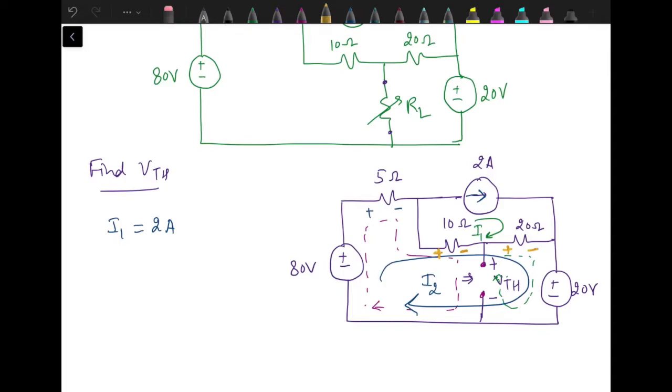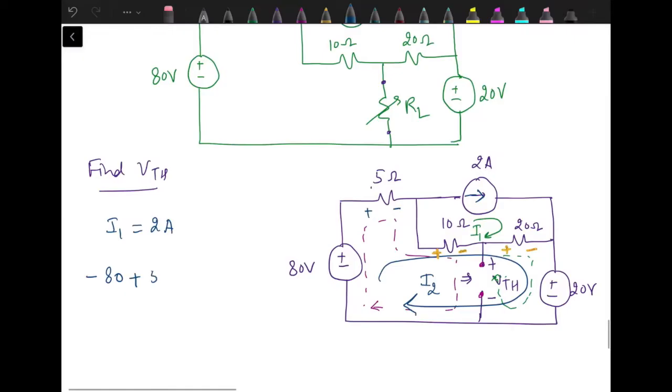So if we start from the 80 volt source, as negative sign is coming first, so minus 80. Then drop across 5 ohm resistance is 5 I1. Then drop across 10 ohm resistance, 10 into resultant current. So not I1, it should be I2 because this current in mesh 2 is I2.